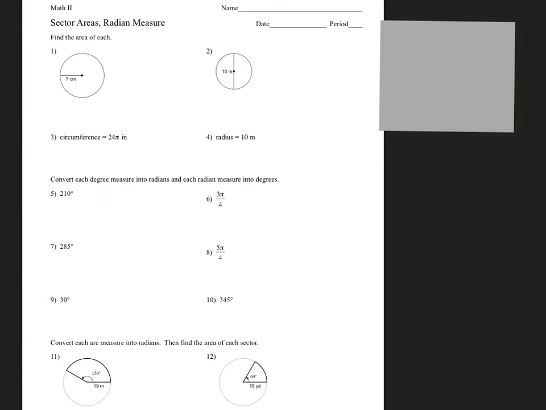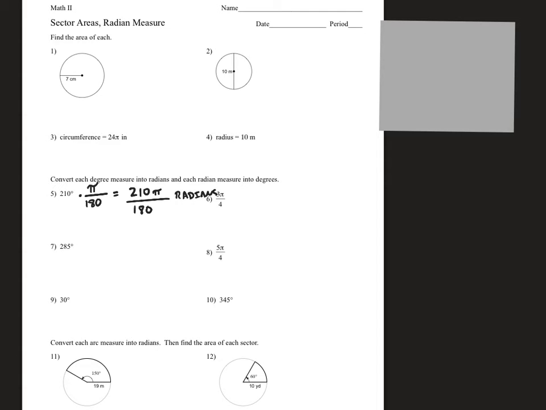So that's the slide I just talked about. If I have 210 degrees, I know that I can multiply by pi over 180 because 1 degree is pi over 180 radians. So I have 210 times pi over 180 radians, and that equals 210 pi over 180 radians.